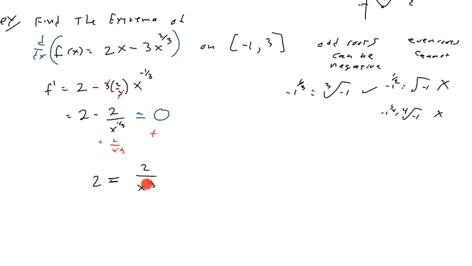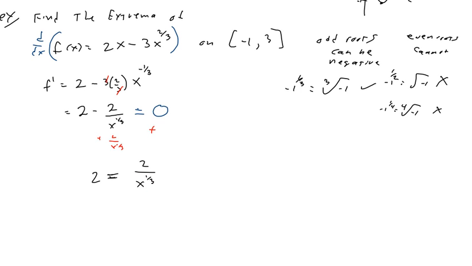If I do this, I'm going to get 2x to the 1/3 power equals 2, and then divide by the 2 on both sides.